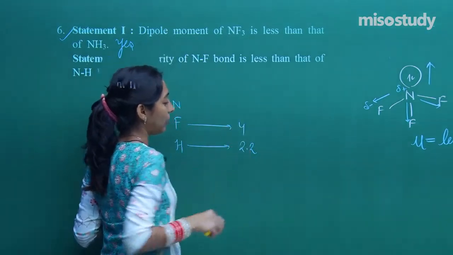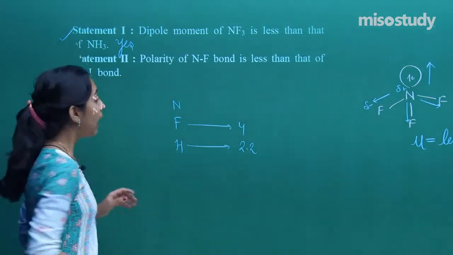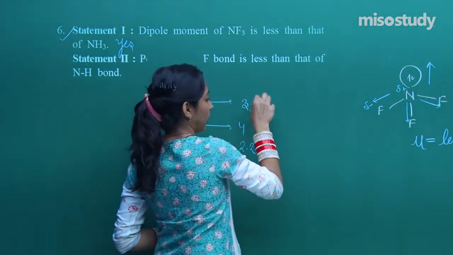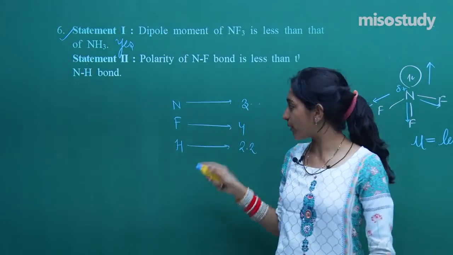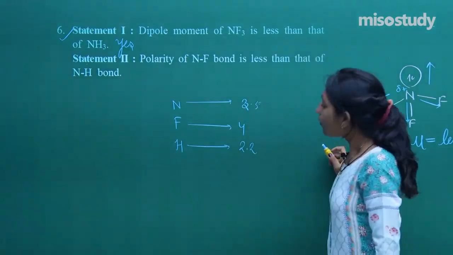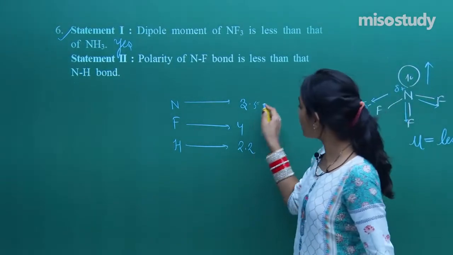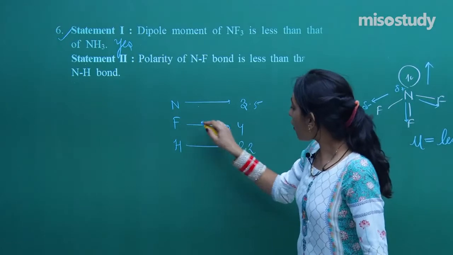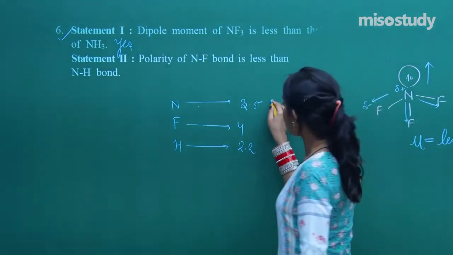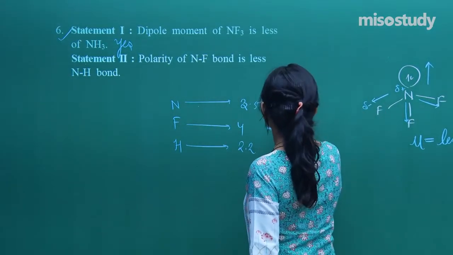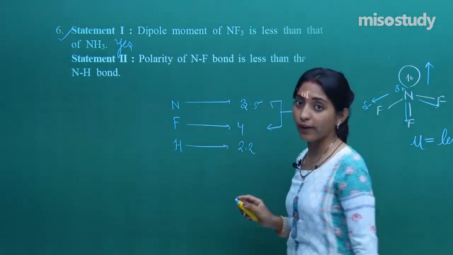Fluorine's electronegativity is approximately 4 and nitrogen's is about 3.5. So if you figure out the difference in electronegativity of N and F, it will be 4 minus 3.5, that is 0.5.